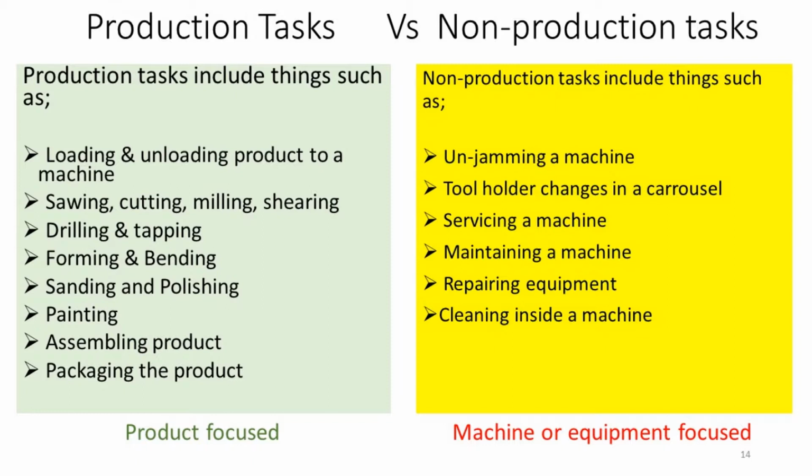Tasks on the right side of the screen are machine or equipment focused. These tasks themselves don't make any product, but we do these tasks on the right side to ensure that the machine runs as expected. Now, understanding the difference between production tasks and non-production tasks is critical to understanding why lockout is required and why sometimes it's not required.